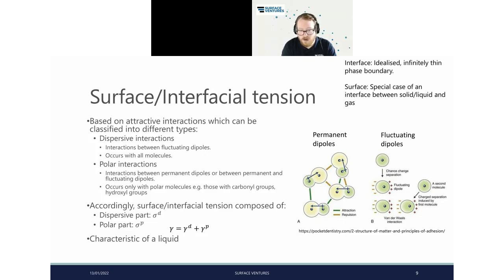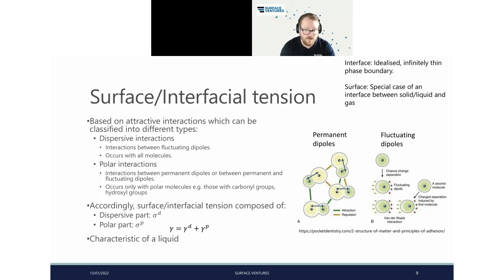Those are where you will have a temporary imbalance of charges in an atom or molecule. So some molecules can have, as I said, temporary charges. This can be just to do with slight changes, slight movement of charge.